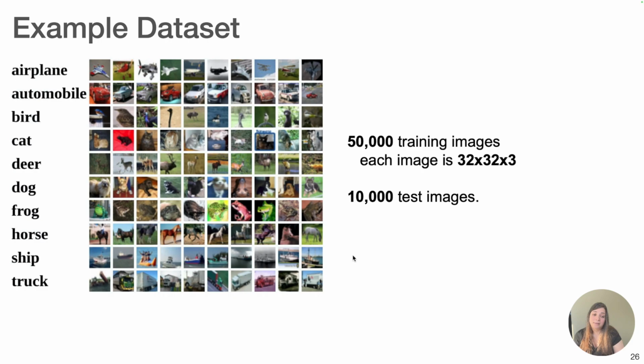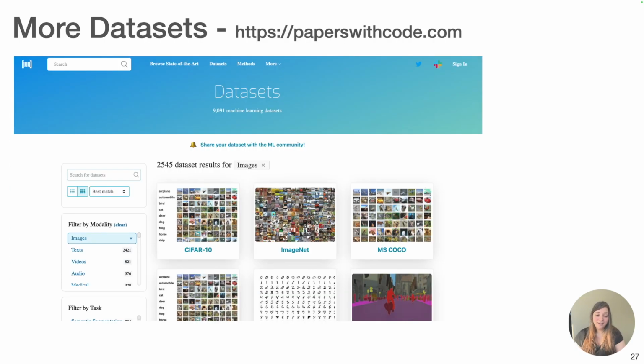This is just one example of a data set. There are many more. One website that I really like for finding data sets is paperswithcode.com, where you can find thousands of data sets that might suit your interests or inspire you to start playing with them. There's, for example, ImageNet, which is a very large collection of hundreds of thousands of images that have around 1,000 different labels, I think.